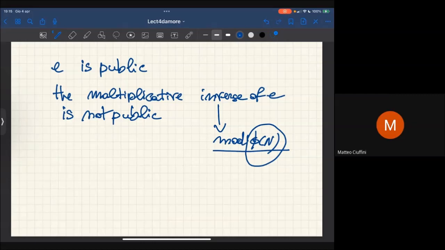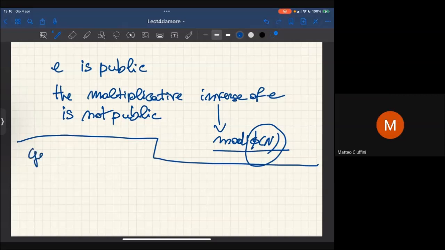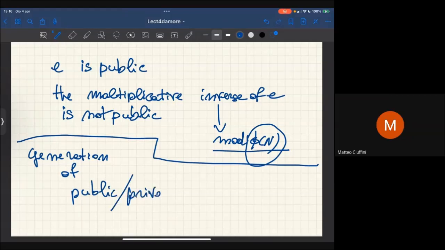Okay, this is the way to generate the public key and the private key. So we have seen the generation of public and private key.